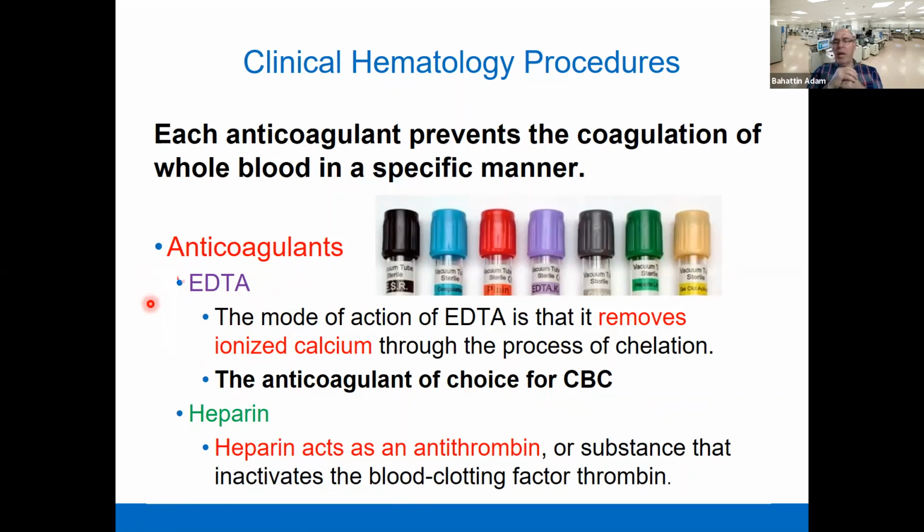If you remove calcium from the environment, you will inhibit coagulation, which is our purpose. And heparin acts as an antithrombin, which also results in inhibition of coagulation.